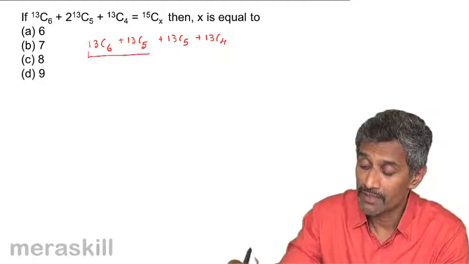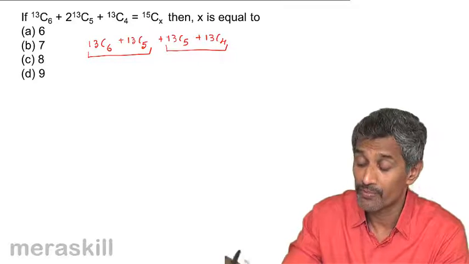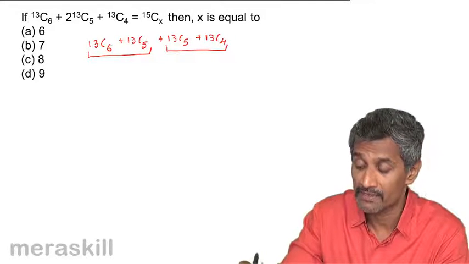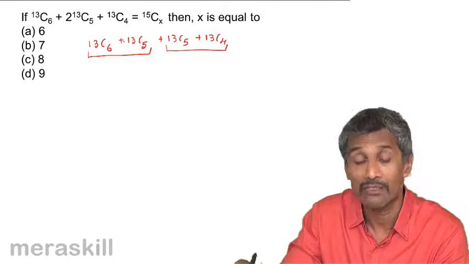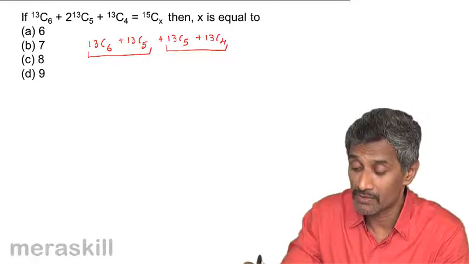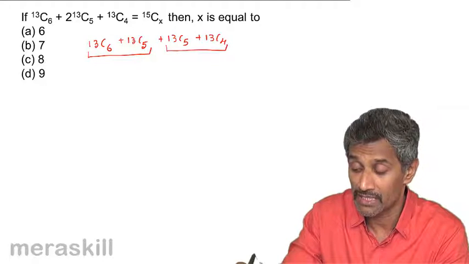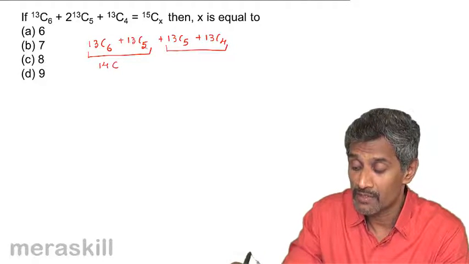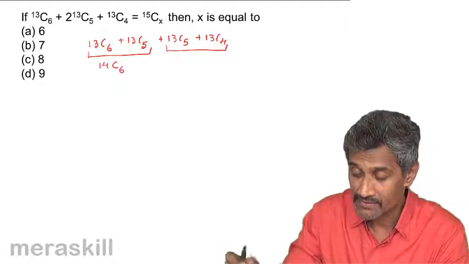Now we can combine these two and then these two. Here you're using nCr plus nC(r plus 1) is (n plus 1)C(r plus 1). So n in this case is 13. So it's going to be n plus 1, 14, and this is r, this is 14C6.